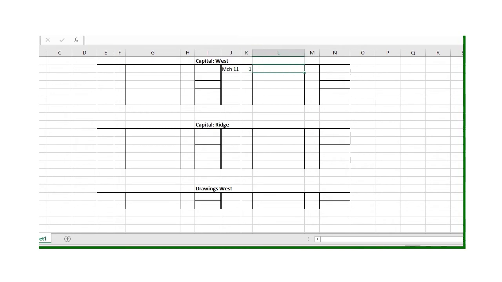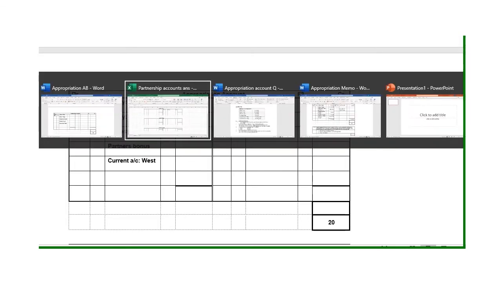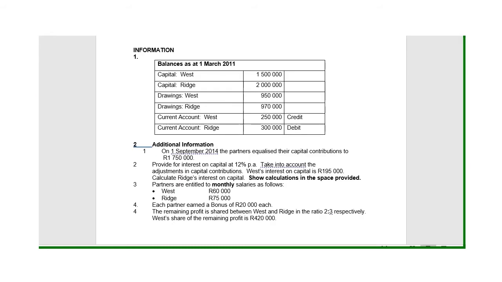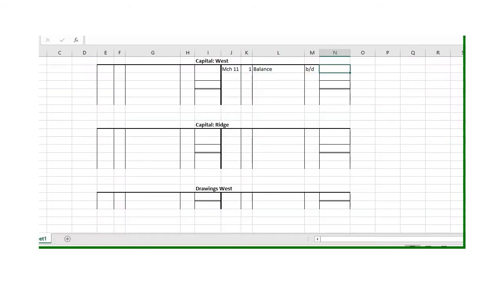It is balance brought down, and the amount was 1.5 million. The same with Reach.